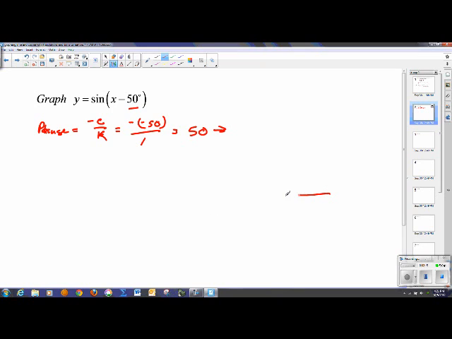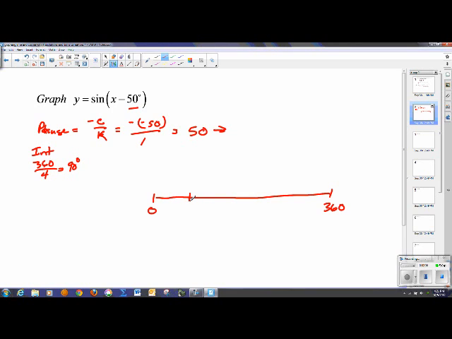So I'm going to look at, once again, my period for a sine function, which goes from 0 to 360. My intervals, once again, are going to be my period, which is 360 divided by 4, representing the 4 quadrants. That's at 90 degrees.